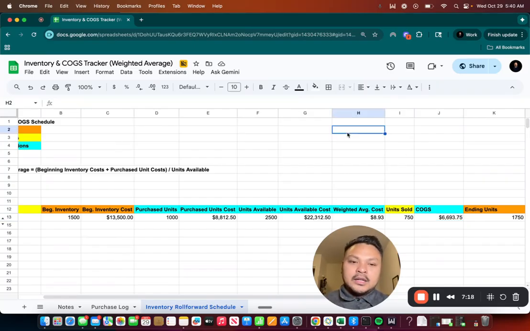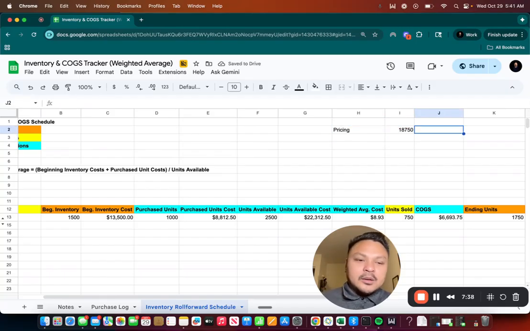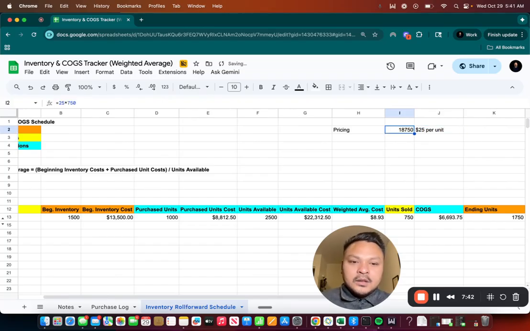if I was running a single product store and I was starting as a seller, or a brand owner, if my pricing is $25 times 750, so my revenue for that SKU is 18,750 at a price of $25 per unit.